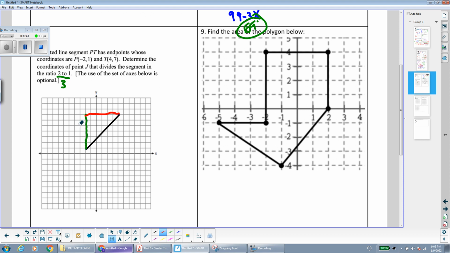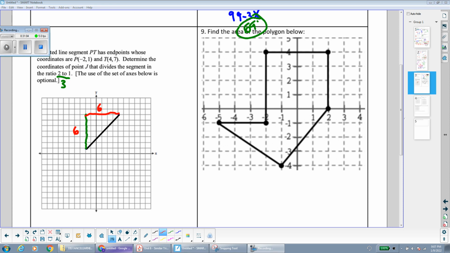Counting 1, 2, 3, 4, 5, 6, that would be 6. And counting this way, 1, 2, 3, 4, 5, 6 as well. So the change in x and the change in y would both be 6.